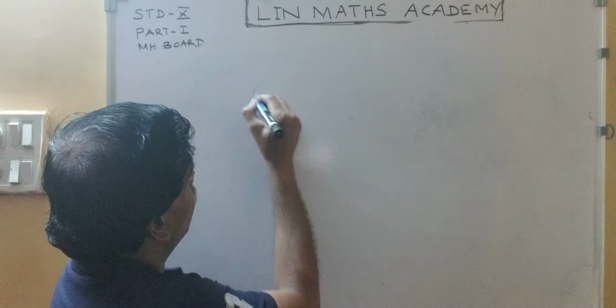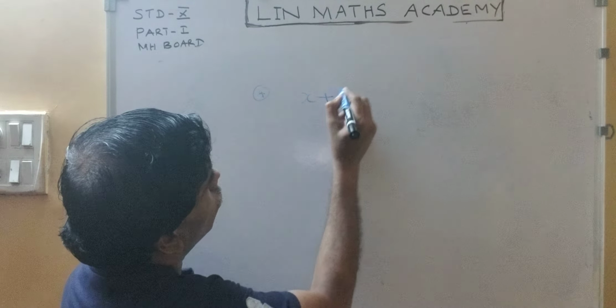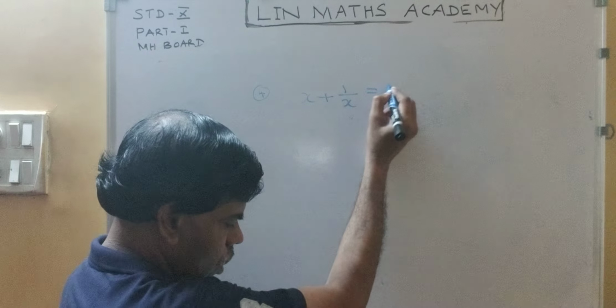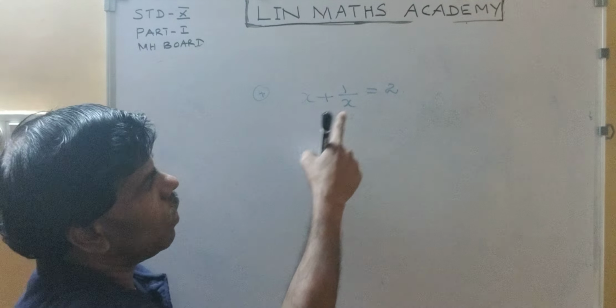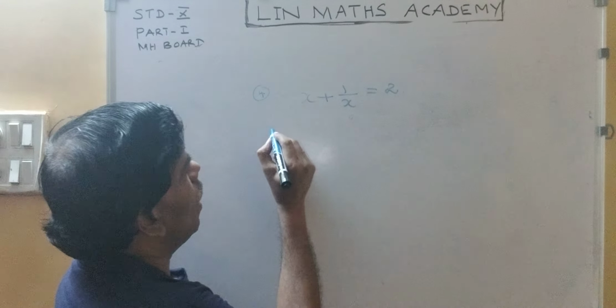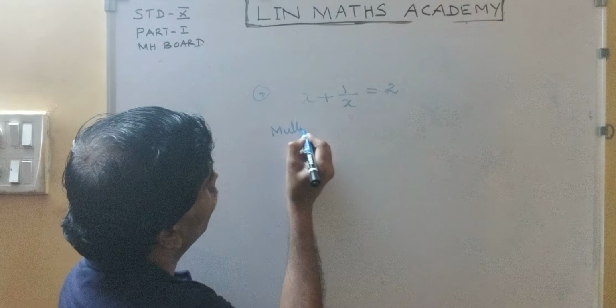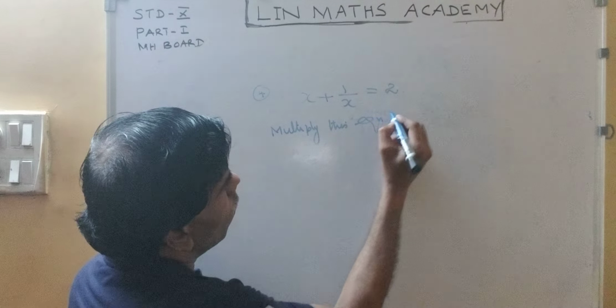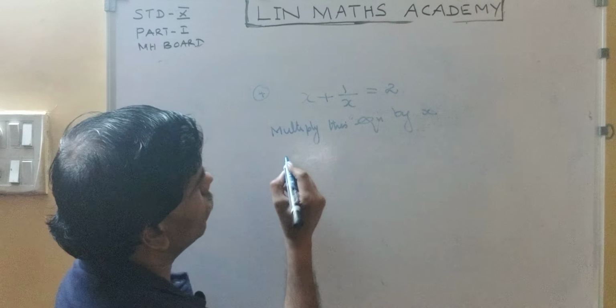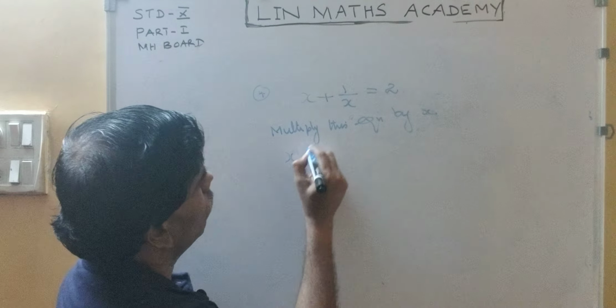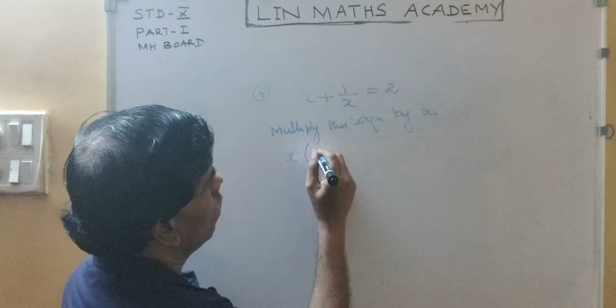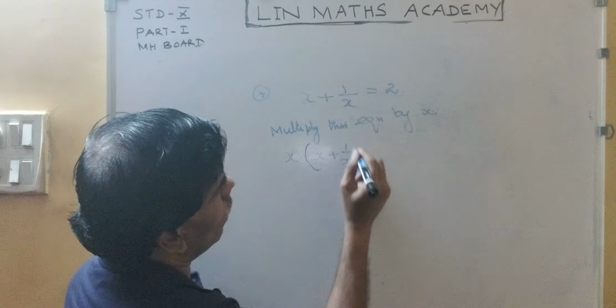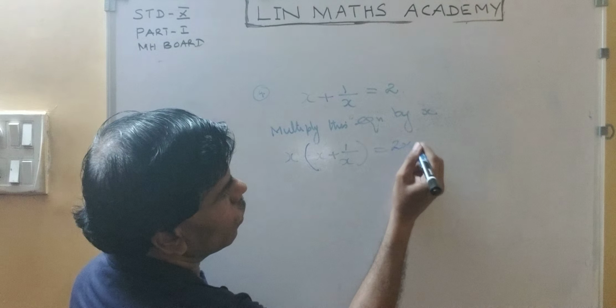Yeah, now another one. Fourth one. x plus 1 upon x equal to 2. Now here also x is there, so we will multiply this equation by x. So x into x plus 1 by x equal to 2 into x.